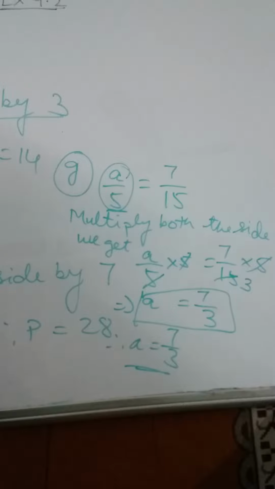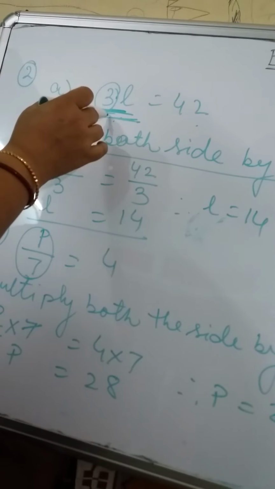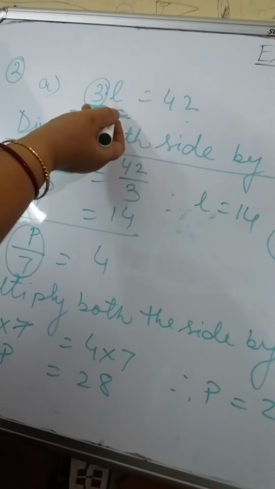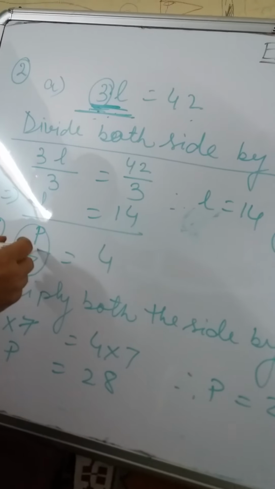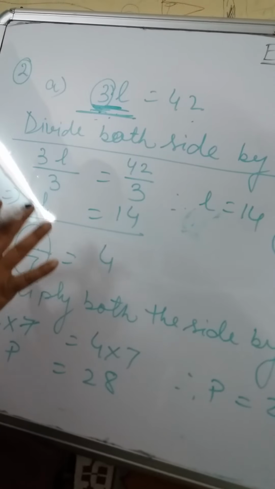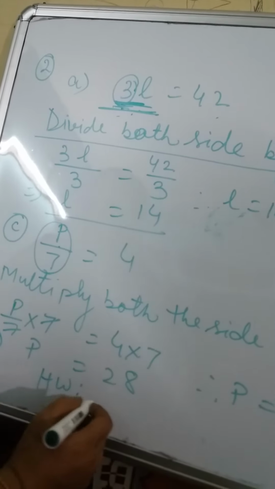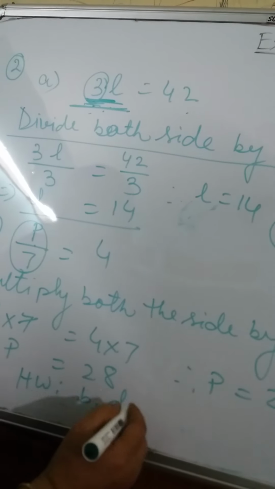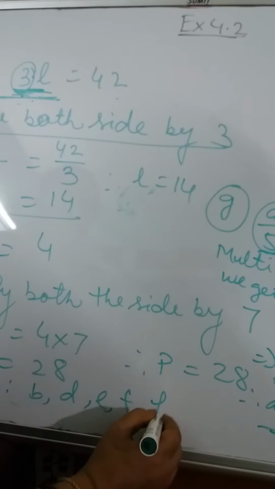So remember, when it is multiplication on one side, you have to divide to separate the variable. If it is division, you have to multiply to separate the variable. Your homework will be B, D, E, F, H.